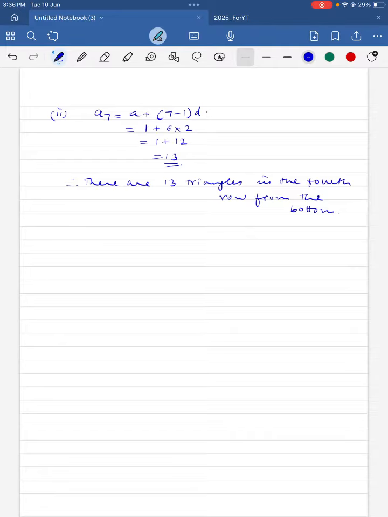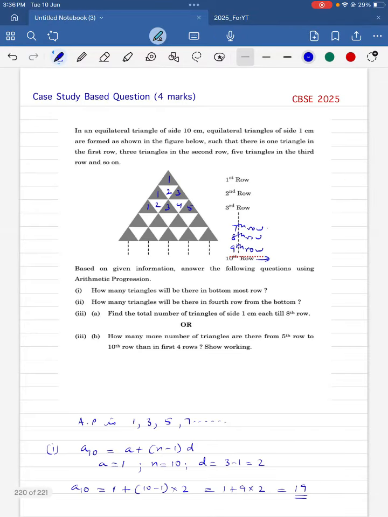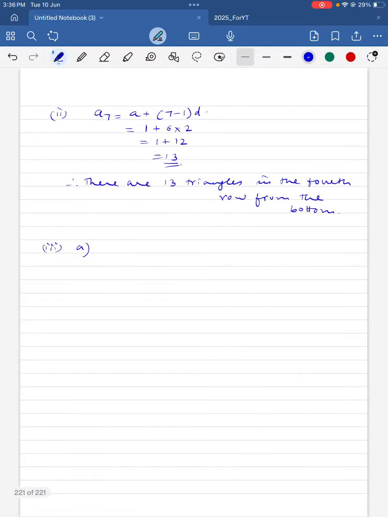Okay, now let's look at the third part of the question. In the A part, they've asked you to find out the total number of triangles of side 1 centimeter each till the 8th row, which means they need the sum of all the triangles till the 8th row, which means we have to find the value of S8. Now there is a formula to find the sum of n terms of an AP, which is n by 2 into 2A plus n minus 1 into D. Here the value of n is 8, A is 1 and D is 2.